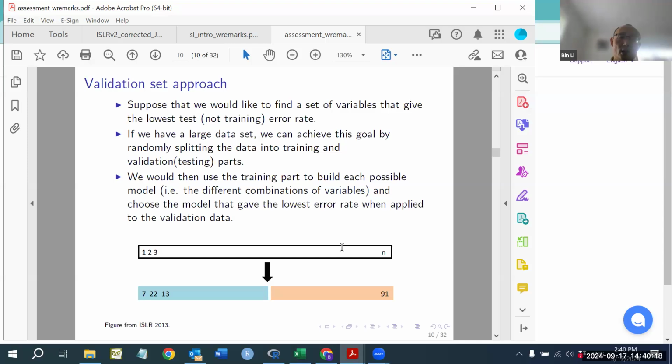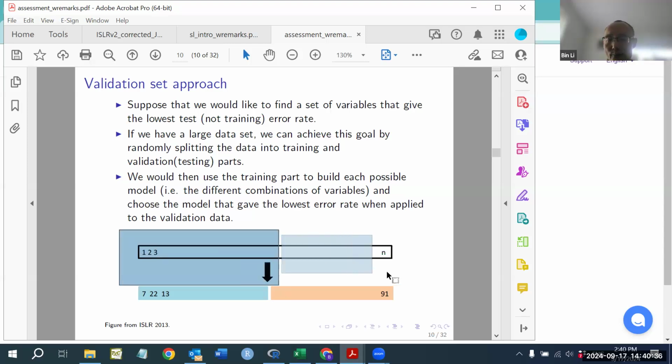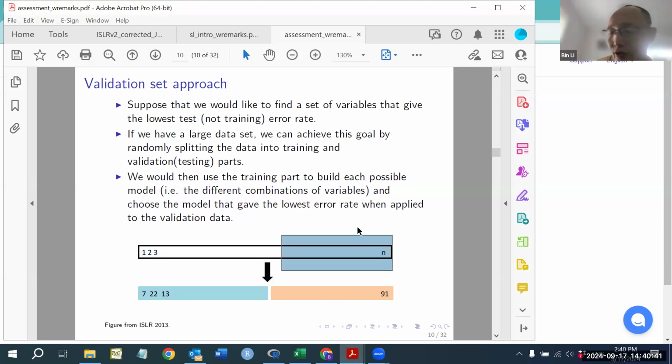Okay, now let's go to the internal approach. First, the validation approach. The validation set approach is, if you have a data set, you can split it into two parts. One is the training part, the other is the validation part. Okay, so there's a question based on my teaching this course. Many students ask, what's the difference between the training set, validation set, and test set?